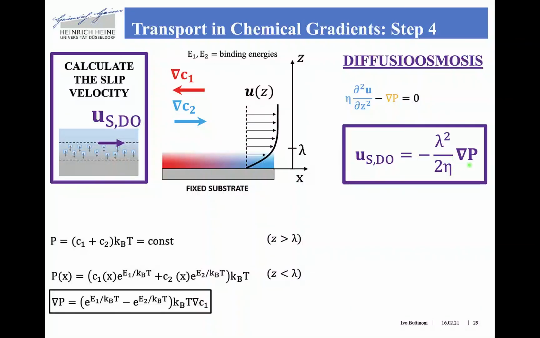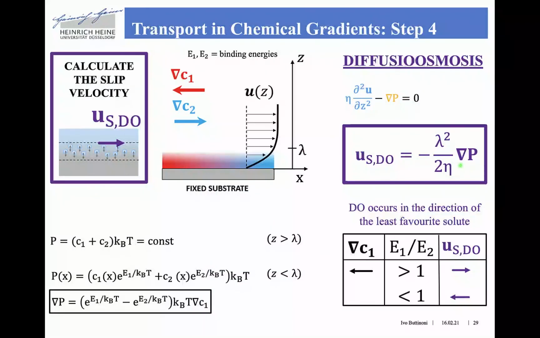So diffusioosmosis leads to fluid transport in the direction of the least favorite solute because of this minus sign.